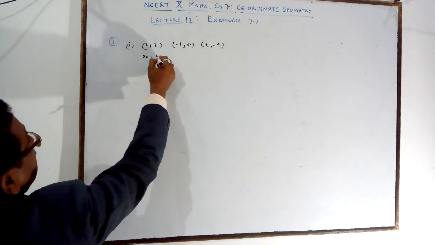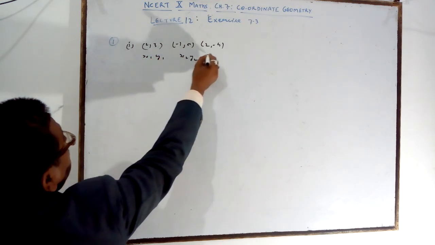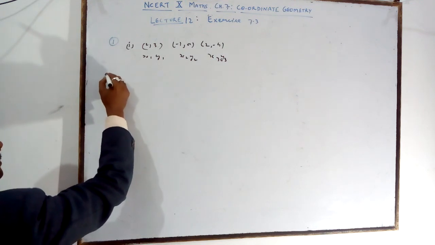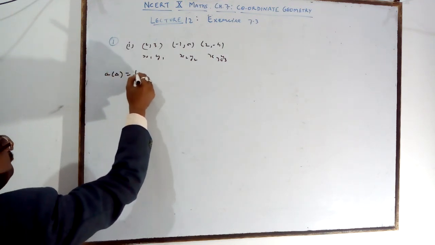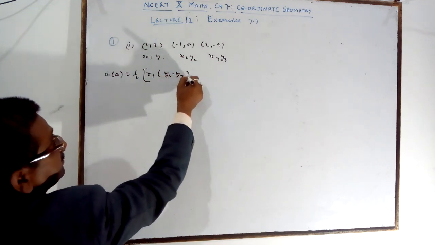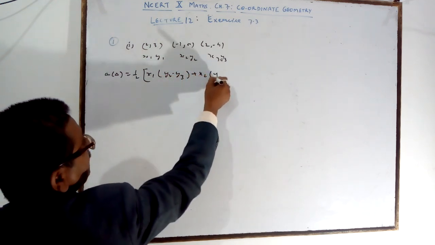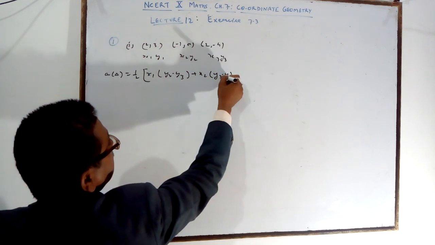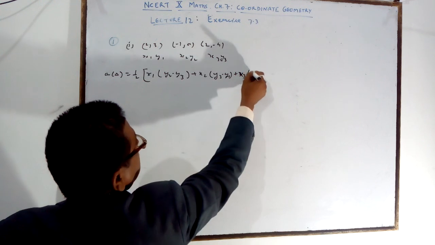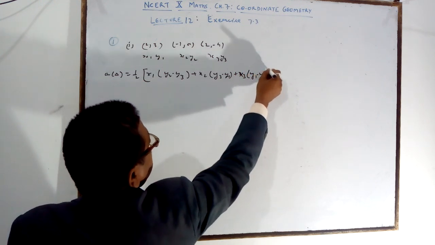So it is x1, y1, x2, y2, x3, y3. Very carefully you will write down the area of the triangle. First you write the formula: x1(y2 minus y3) plus x2(y3 minus y1) plus x3(y1 minus y2).